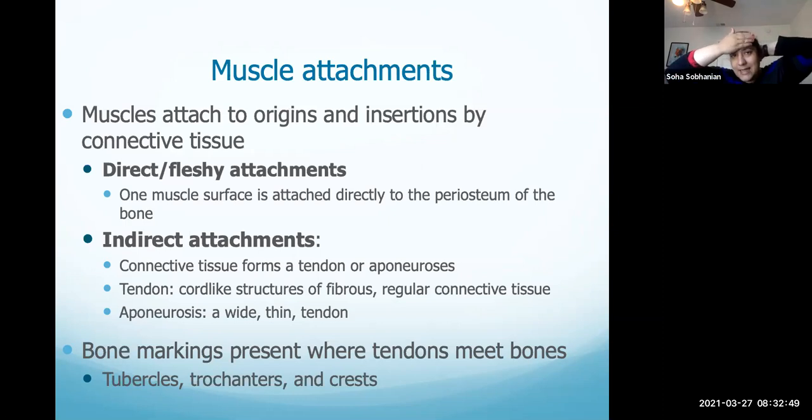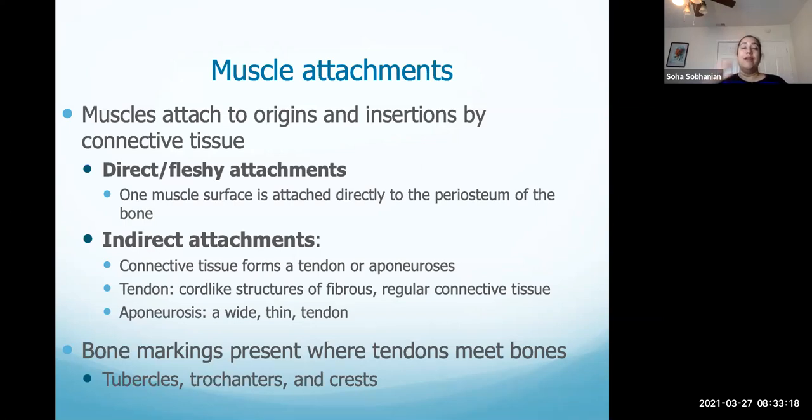To connect these two muscles together, you have this sheath of connective tissue on top of your head, which is called aponeurosis. And again, it still connects your muscles to the skull, but it's really wide. It's covering the surface of your skull, versus really narrow for the tendon. Okay, so that's the main difference between the two types of indirect attachment.